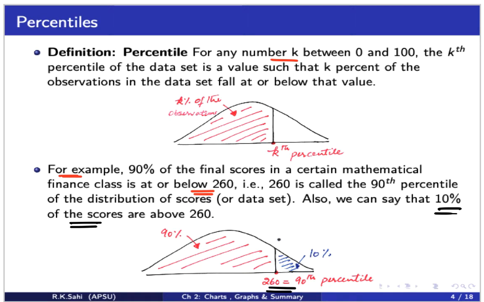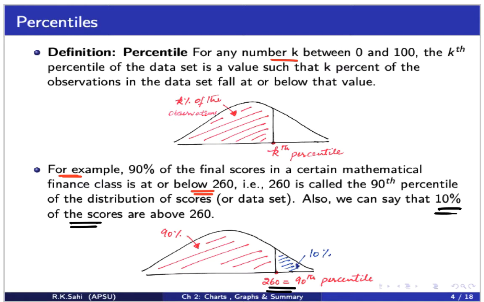We do not need to know how many students were there in the class, but we know that 260 is that score value where 90% of the scores were at or below that point, or 10% of the scores were above 260. Okay, so that's the relationship of percentiles.